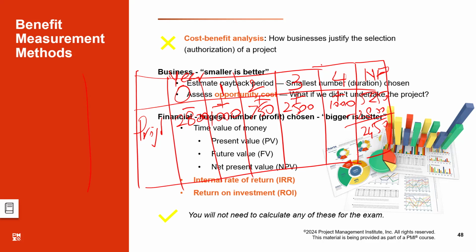Past and future cannot be the same. Because there are factors like inflation, cost of capital. It is the time value of money. Yeah. Money changes its value with time.